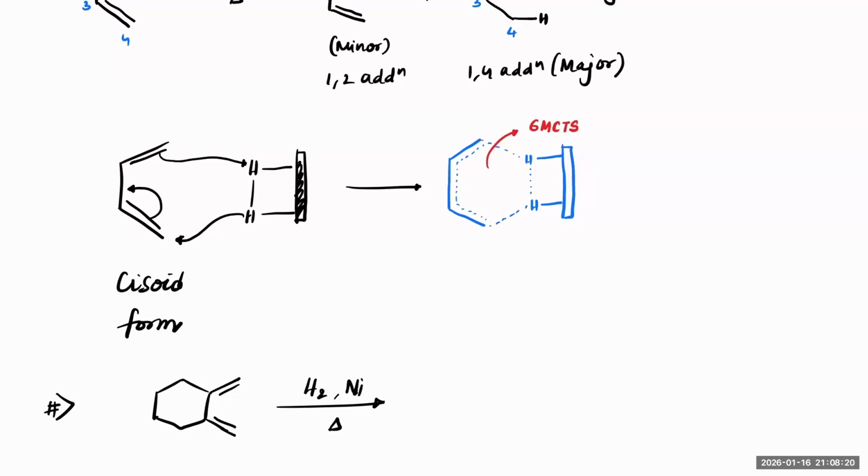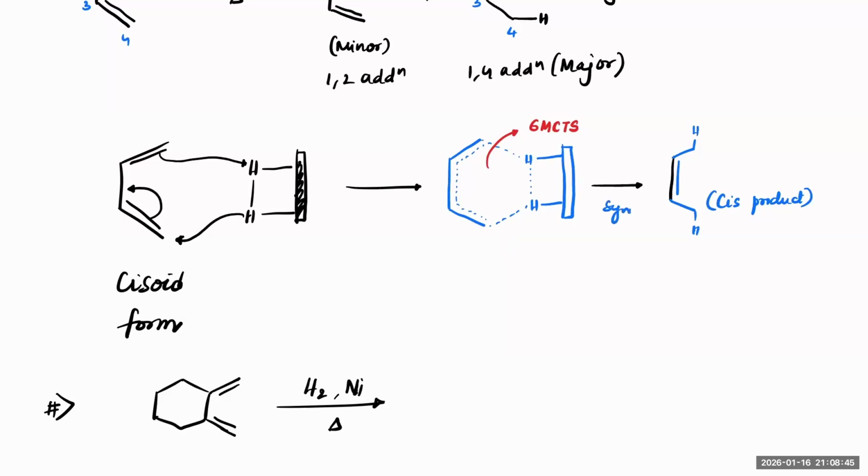Got it? So due to this six-membered cyclic transition state, you will see the addition would be favorable at 1,4 addition more than 1,2 addition. So here you'll get hydrogen and hydrogen, and you will always end up getting cis product and not trans product, because you need to make a syn addition here.